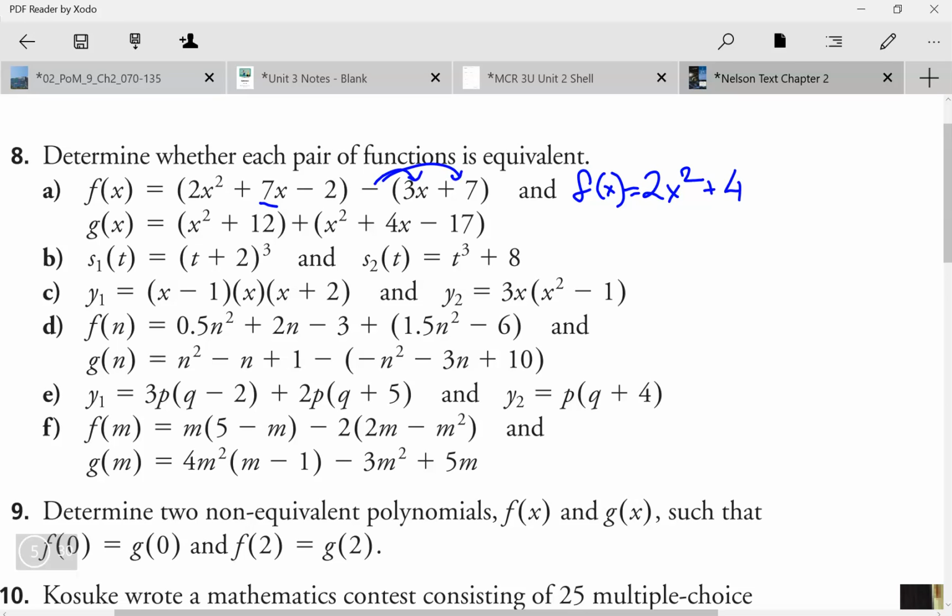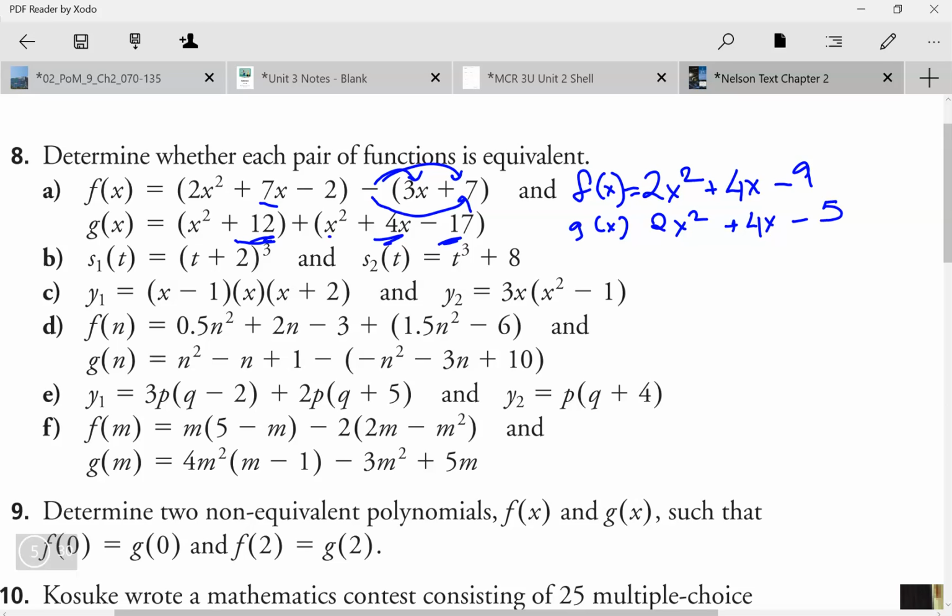So that's plus 4x. And then I have a minus 2 minus 7, so minus 9. G of x happens to be x squared plus x squared, so 2x squared, plus 12 minus 4x, plus 4x, plus 12 minus 17, which is actually a negative 5.